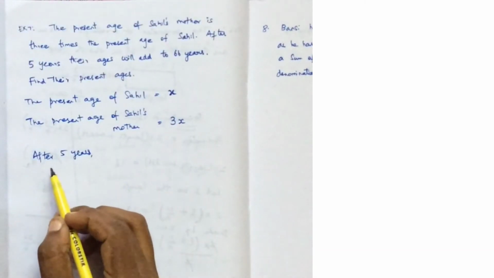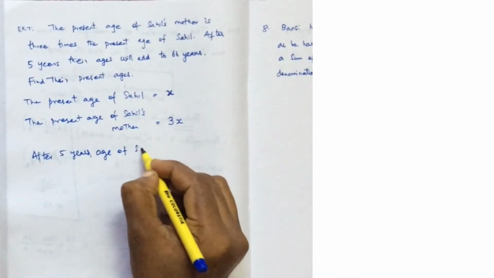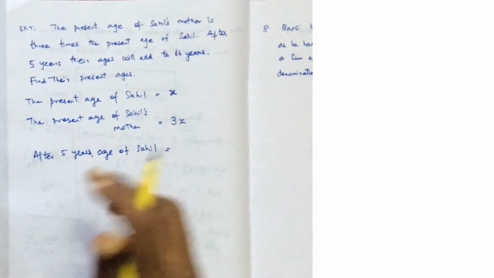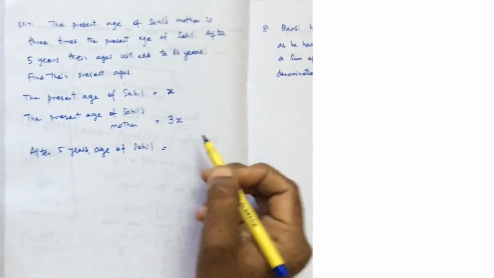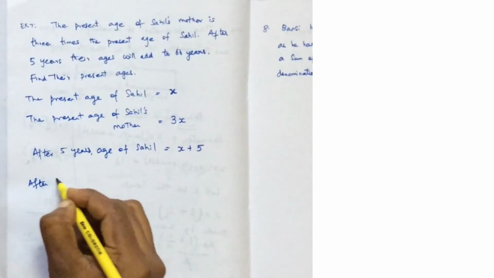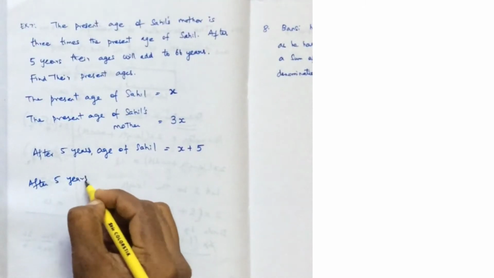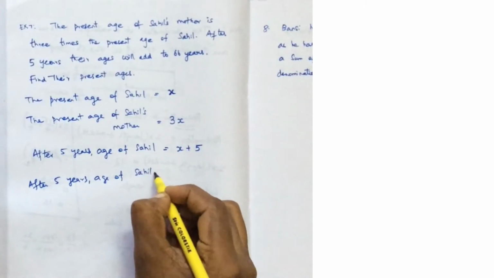Now, after 5 years, age of Sahil. Now the age of Sahil is X. After 5 years, the age of Sahil will be X plus 5, you have to add 5 to that. Then, after 5 years, age of Sahil's mother.